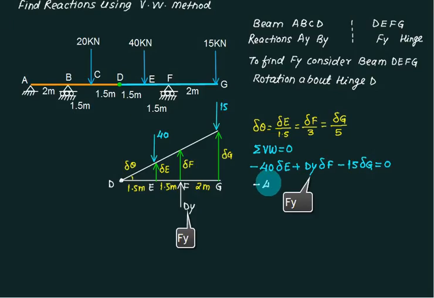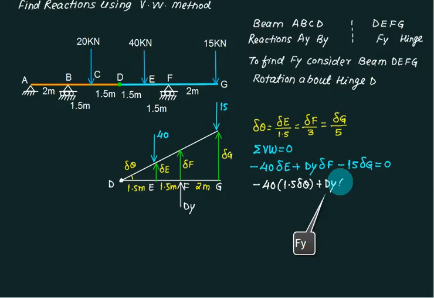Minus 40 multiplied by 1.5 del theta plus Fy into 3 times del theta minus 15 into 5 times del theta equal to 0. And solve for Fy first.